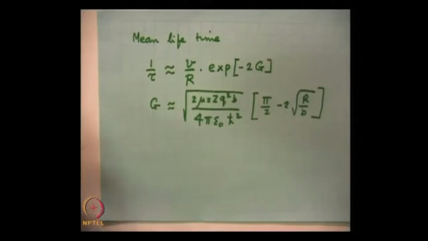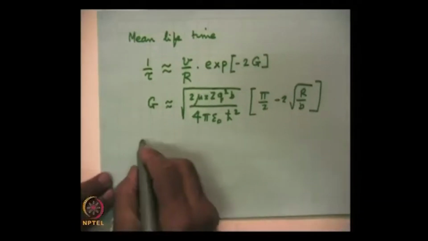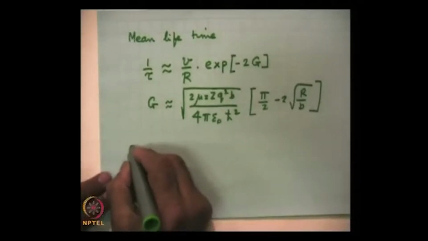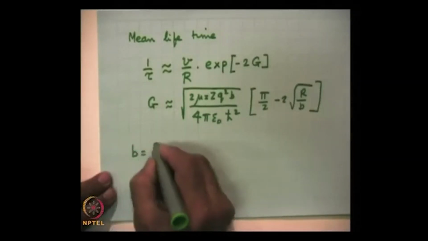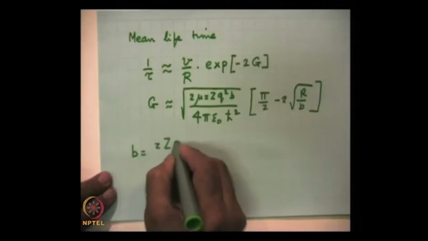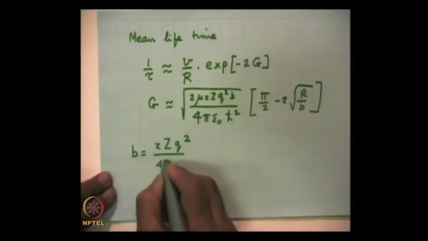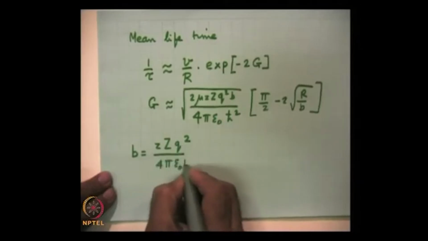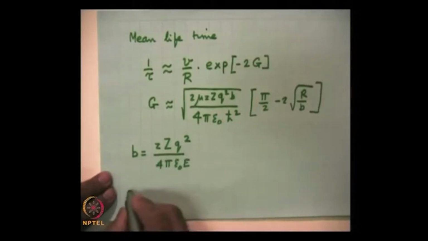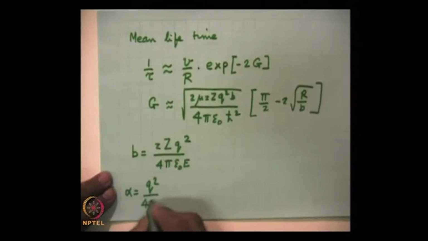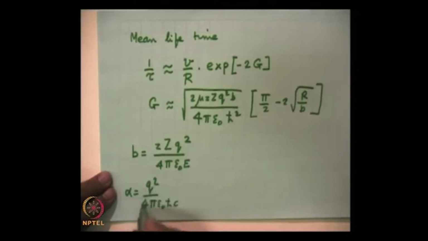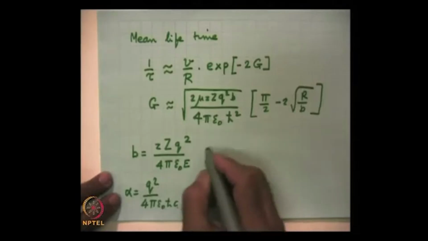Let me tell you a simple thing, that b is equal to Z q square by 4 pi epsilon naught E. Now, as you know, the fine structure constant, which is very easy to remember, is q square by 4 pi epsilon naught h cross c. So q square by 4 pi epsilon naught is alpha times h cross c.